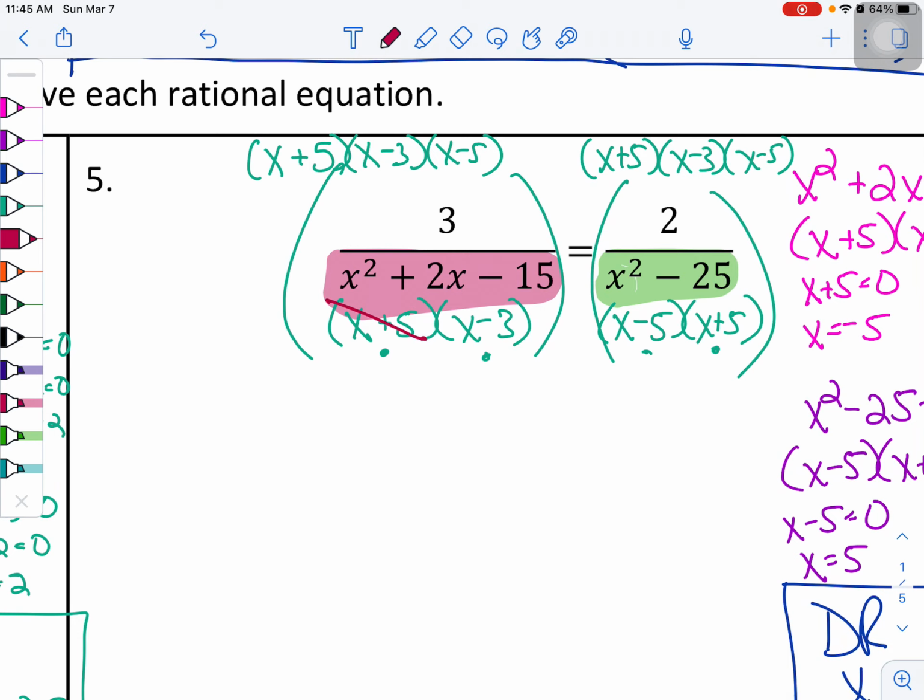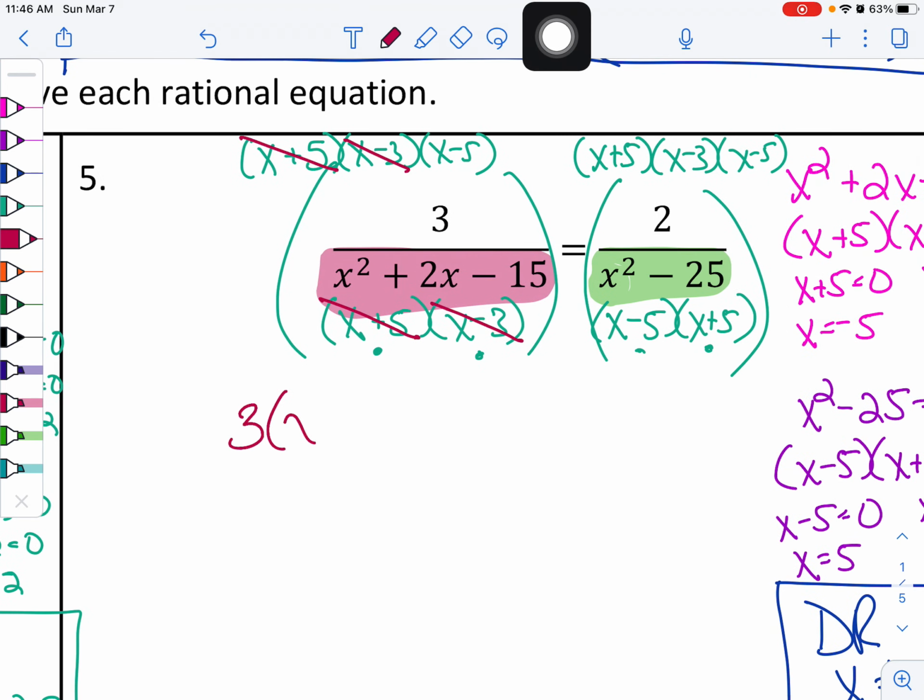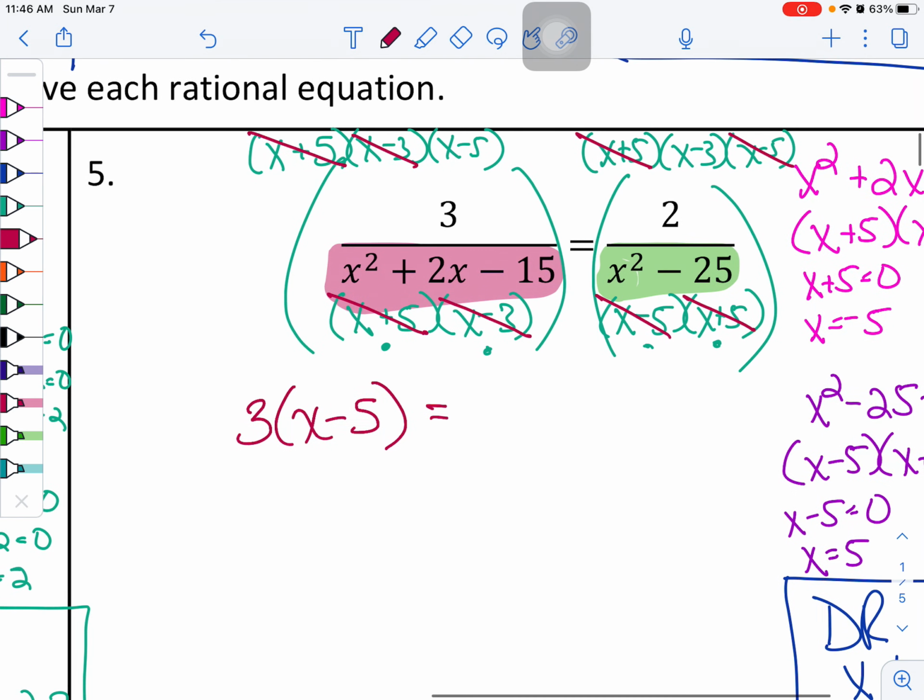So if I zoom in on just that part, again, my LCD is done and my domain restrictions are done, so I'm not worried about that part of the problem. So x plus 5 will divide out x plus 5. x minus 3 will divide out x minus 3. So I just want to collect up what's left, which is this numerator of 3 and this x minus 5 from the LCD. So 3 times x minus 5 equals.